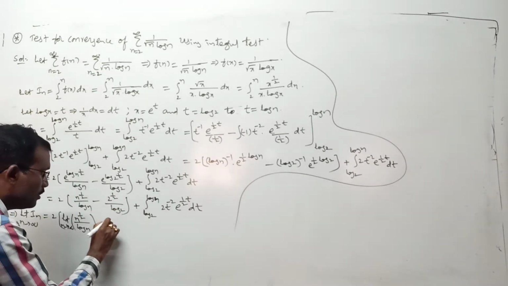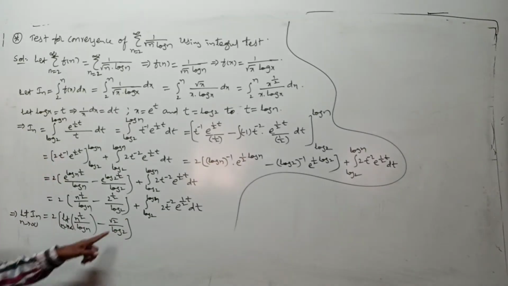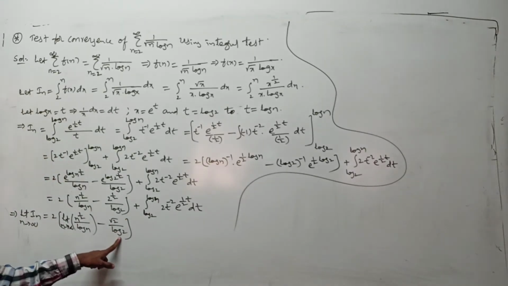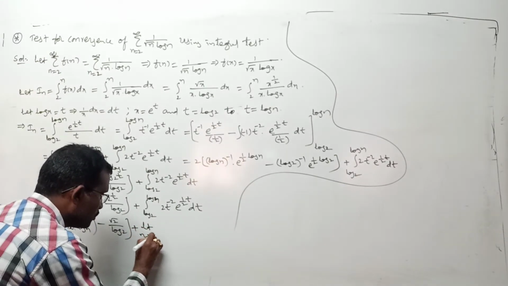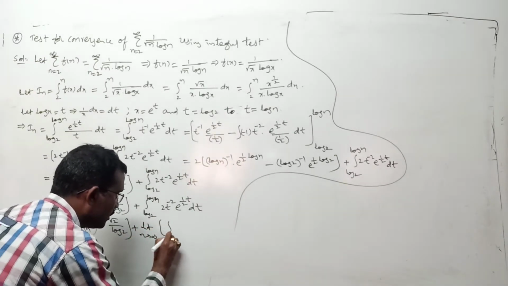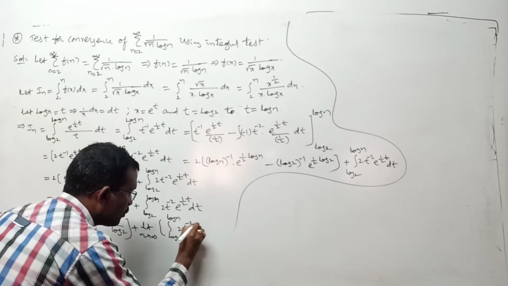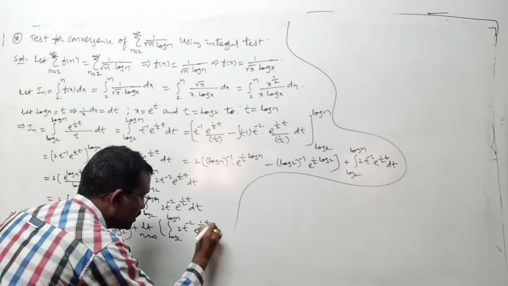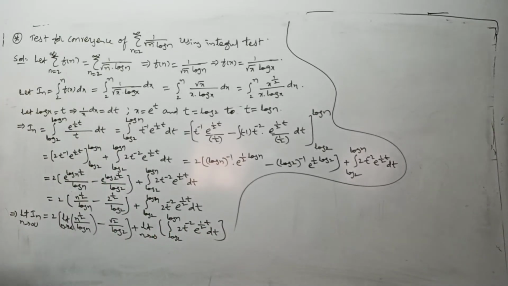This is constant number, na, root 2 by log 2. 2 power 1 by 2 root to 1, and the same, no need to take limit here because it is constant number, ma. Here I am writing, ma, plus limit as n tends to infinity of this total thing, integral log 2 to log n 2 into t power minus 2 e power 1 by 2 t dt. Don't do this much, just go to simplification of this only, right?